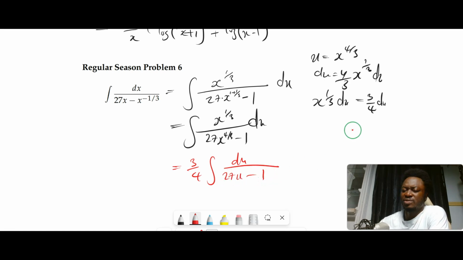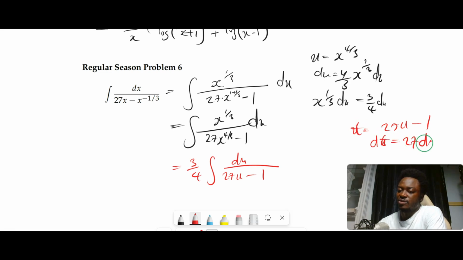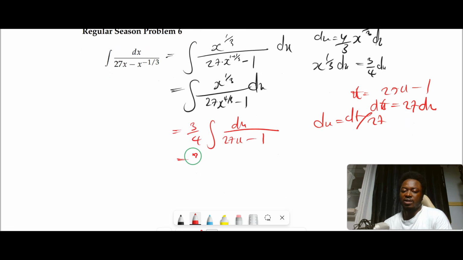This is a logarithm, so if you take u to be 27u minus 1, so du will be 27 du, which means that du will be the t divided by 27. So you still have 3/4 times 1 over 27 integral of dt over t, and 3 here is 1, 3 here is 9, right?